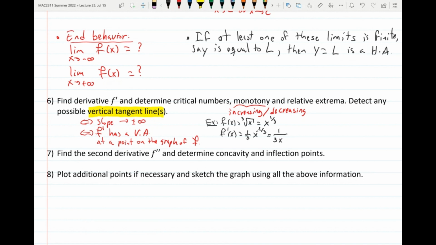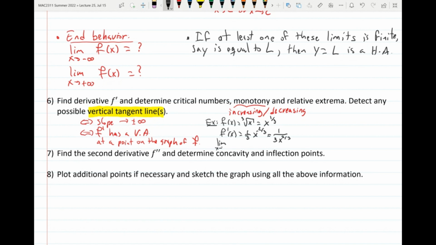So notice that in particular, the function f is defined at 0. However, the derivative is not defined at 0. And notice that if you take the limit as x approaches 0 of the derivative from either side, what's going to happen? We're going to get positive infinity because we have 1 over 0.